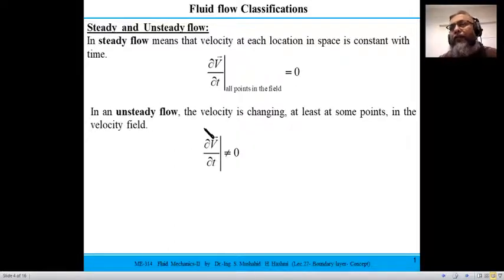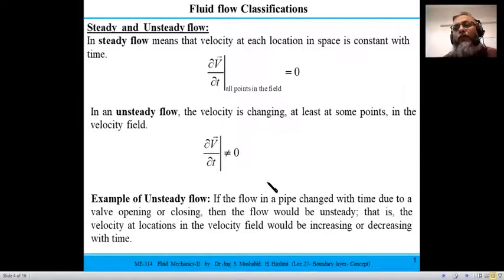Correspondingly, in an unsteady flow, obviously the velocity changes with time at a given location in the flow field. So the velocity is changing with respect to time. It means either the fluid is accelerating or the fluid is decelerating. Such flows are called unsteady flows, where velocity is a function of time as well. For example, we can take an example of unsteady flow.